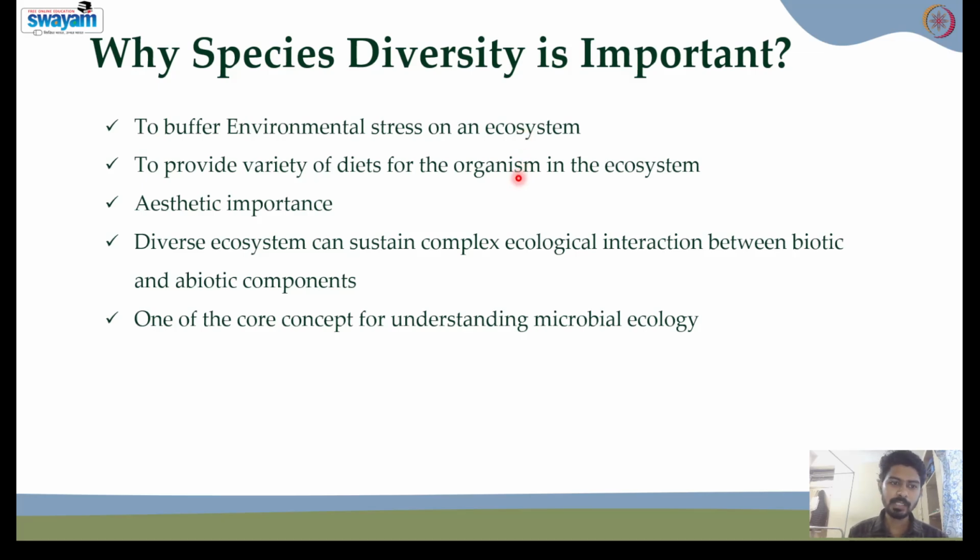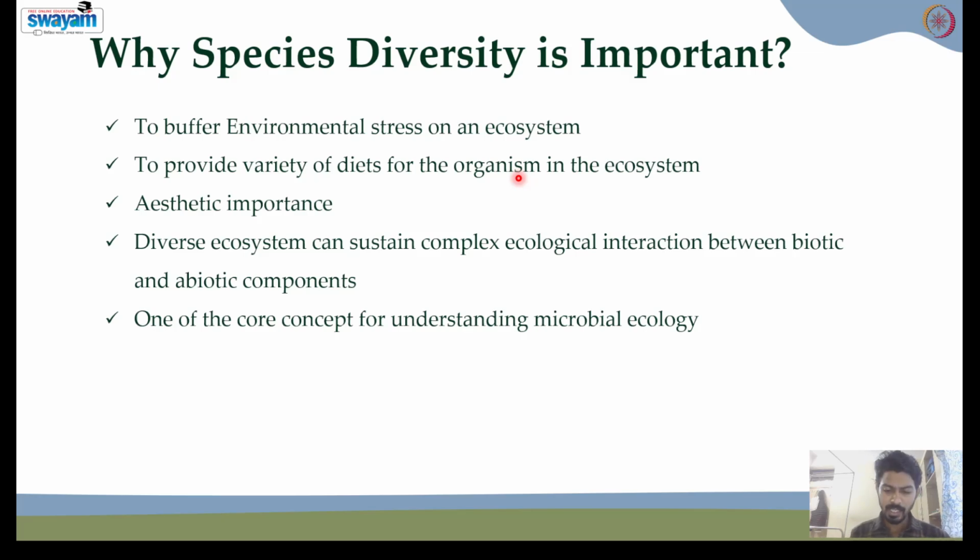And the second point is to provide a variety of diets for an organism in an ecosystem. That is, we need food to survive. If an ecosystem provides many food options, this means we keep the food chain or food web very strong. So it gives a variety of diet for individuals.